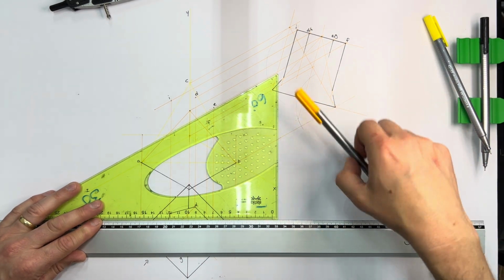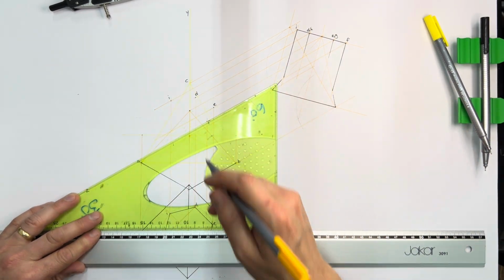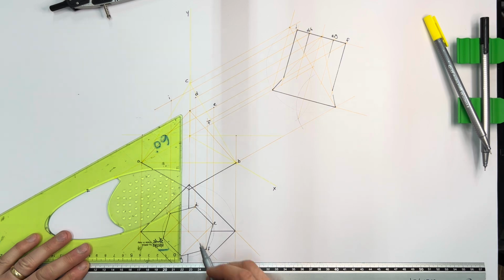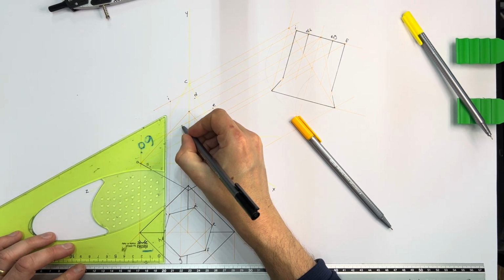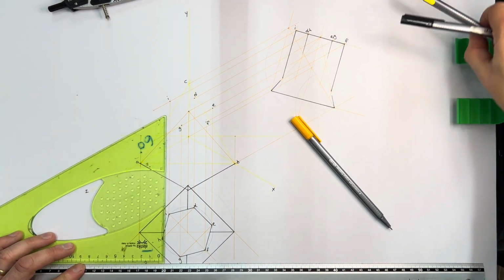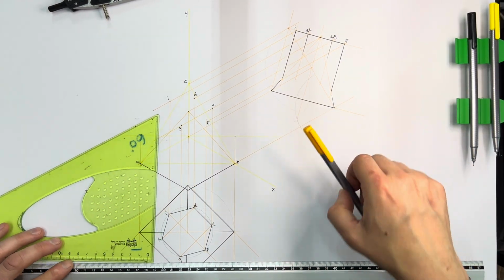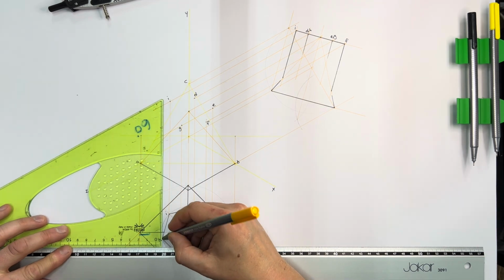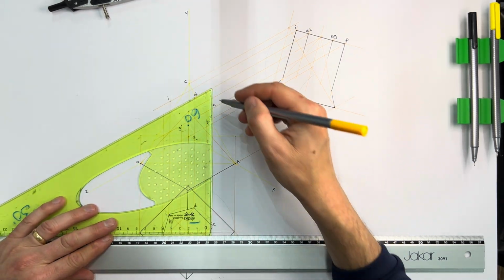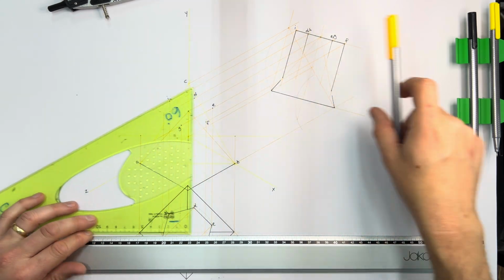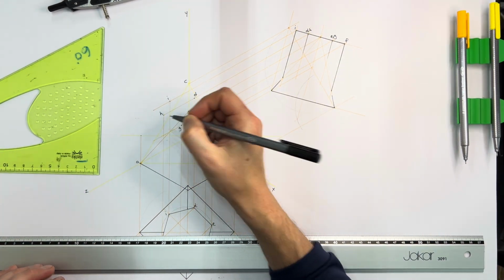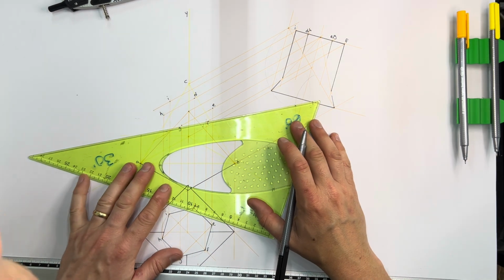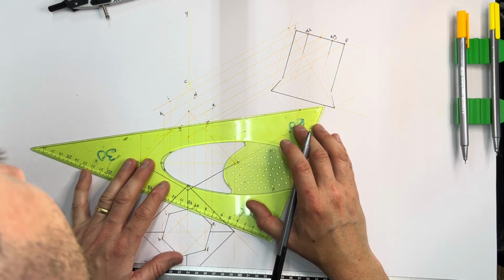Sorry, should use that color. G and E are on the same line. So there's all 6 points.